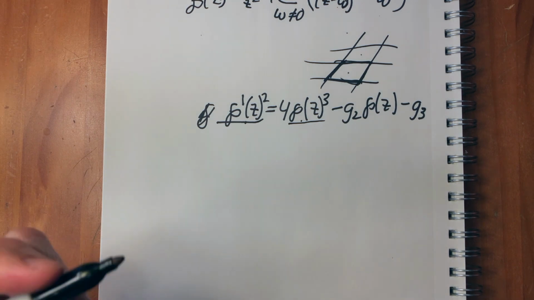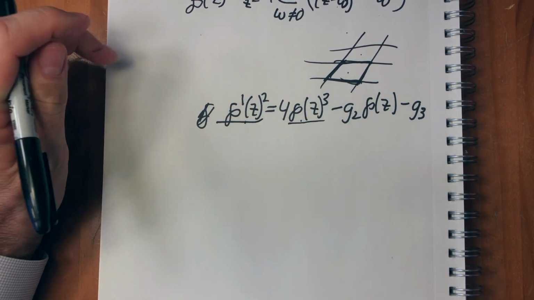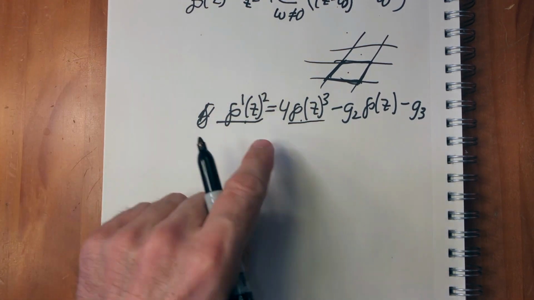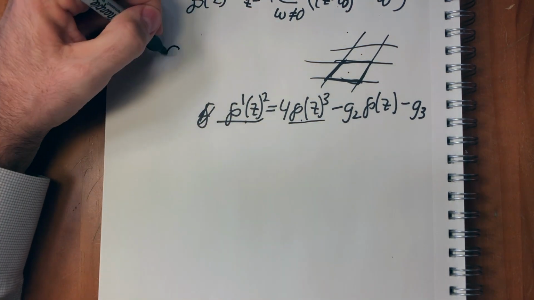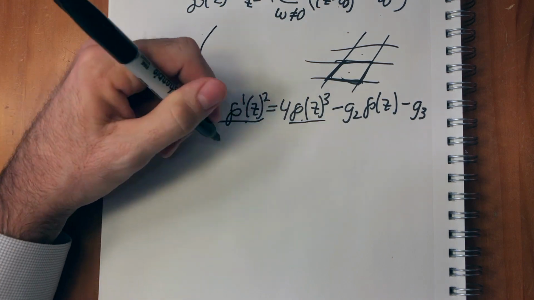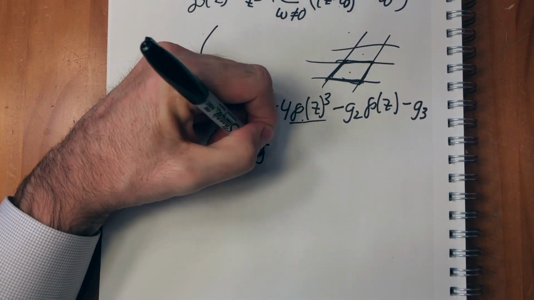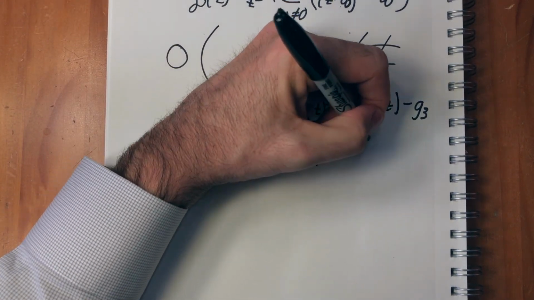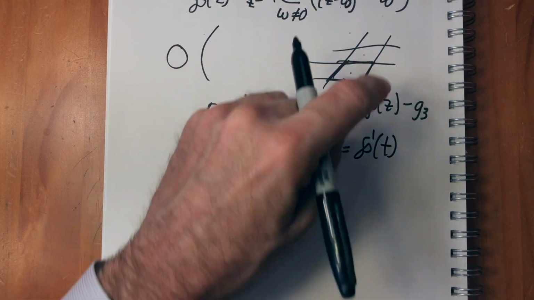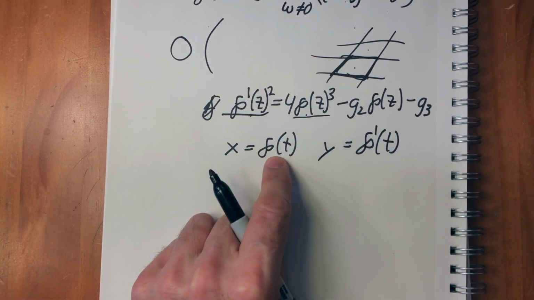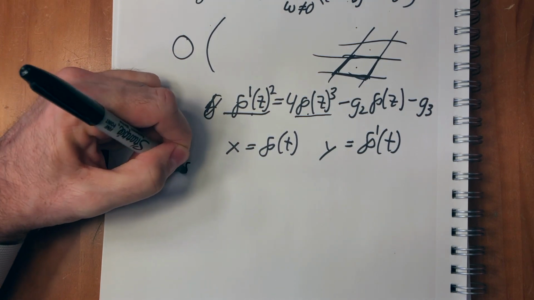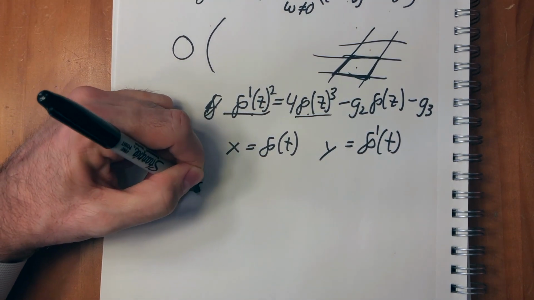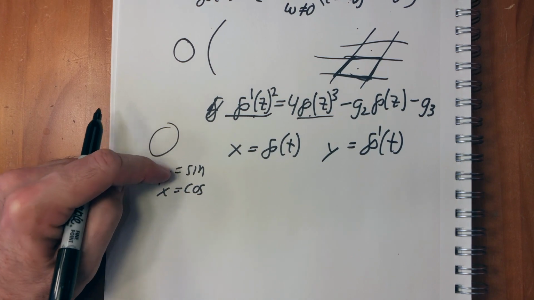And so, just as we used sine and cosine to parameterize a circle, we can use the Weierstrass function and its derivative to parameterize an elliptic curve with x equals t and y equals the derivative of p. This is exactly the relationship with the circle, because we have y equals sine and x equals cosine, and x is the derivative of y.